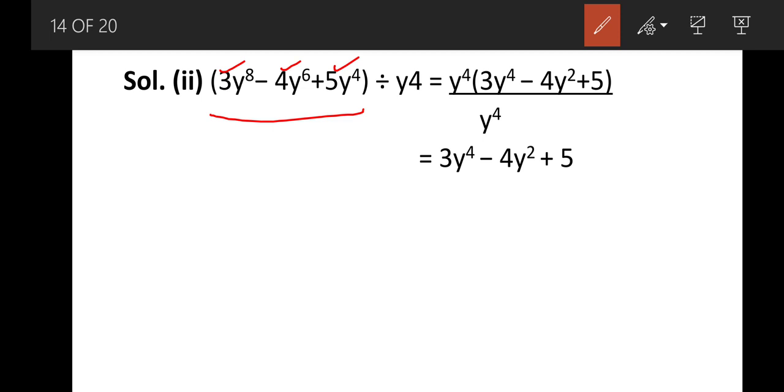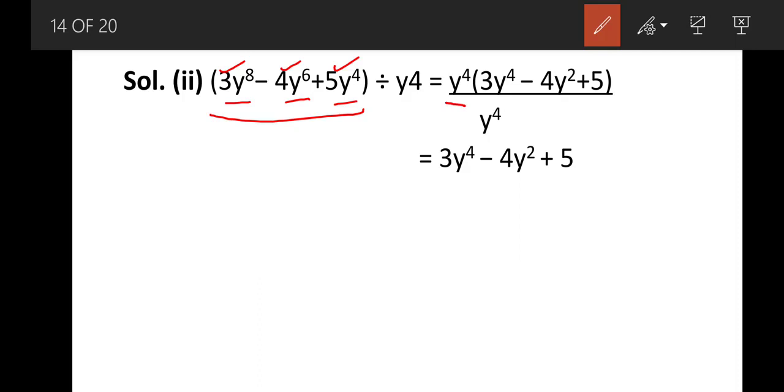And for y raised to the power 8, y raised to the power 6 and y raised to the power 4, as I told you many times, you can take the least power of the variable outside. So y raised to the power 4 is the least power of the variable. So only this y raised to the power 4 can be taken out. The rest will be written inside the bracket.